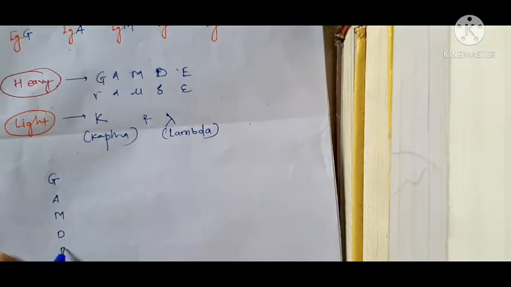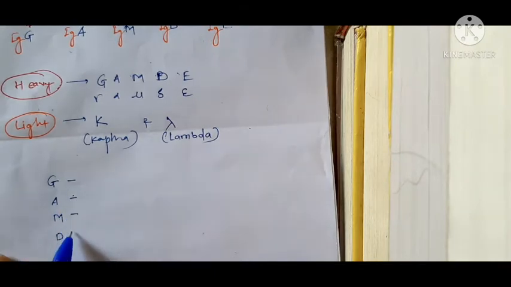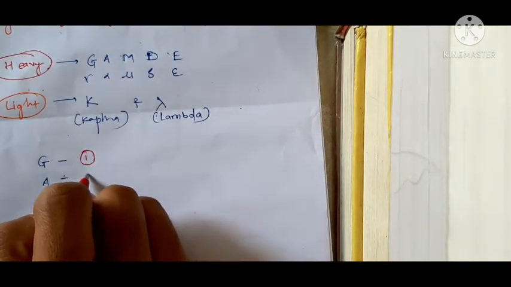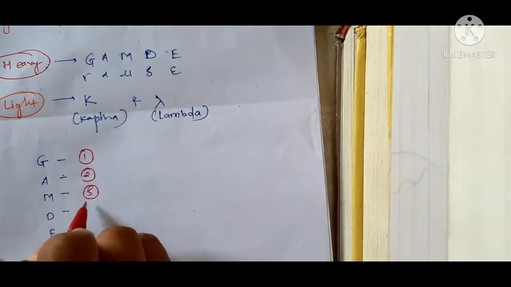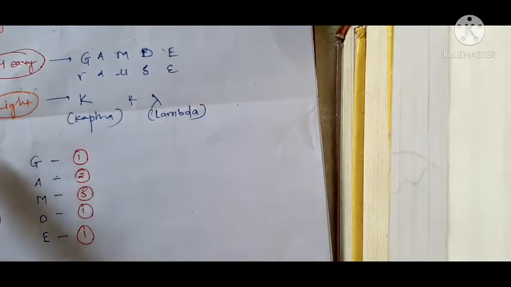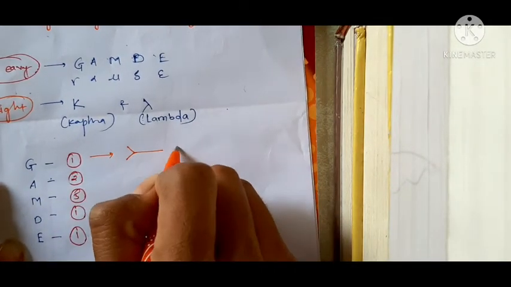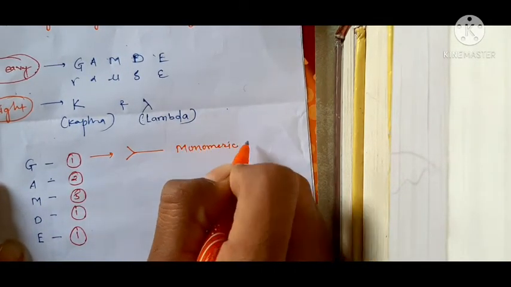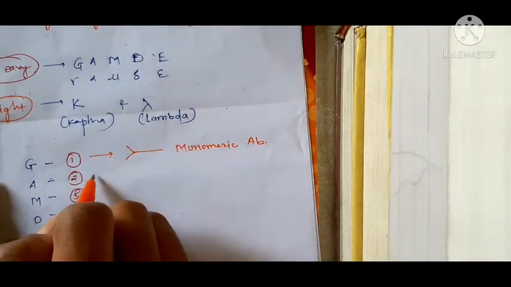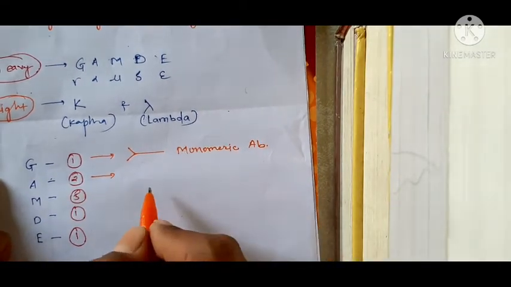So they are arranged in their own forms. You may recall 1, 2, 5 and 1, 1. 1 means a monomeric antibody. I have discussed that antibody is also called immunoglobulin.